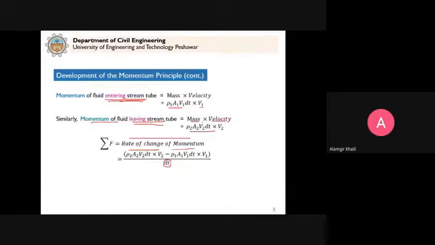So if I write down along with this another term, that is equal to d by dt of the product of mass and velocity here, and this is the rate of change of momentum within the control volume.